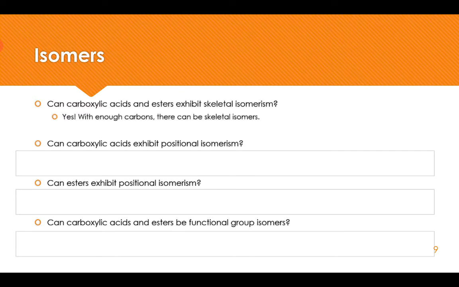So for the first one, I'm going to say yes, carboxylic acids and esters can have skeletal isomers as long as that part of the carbon chain is long enough, so that you could rearrange the carbons.